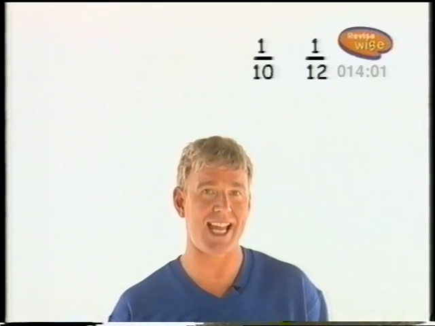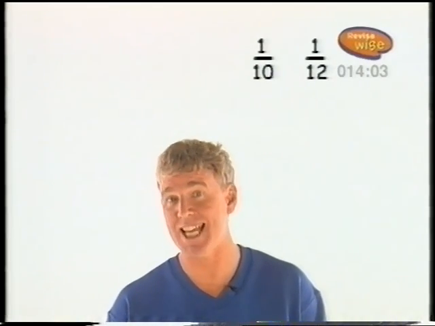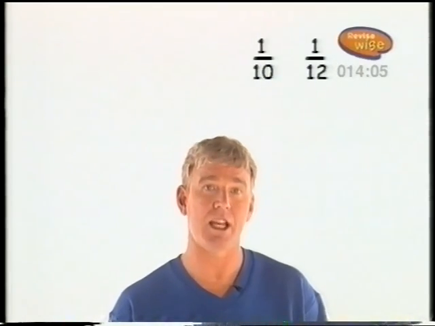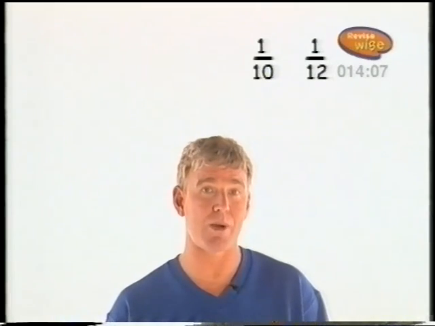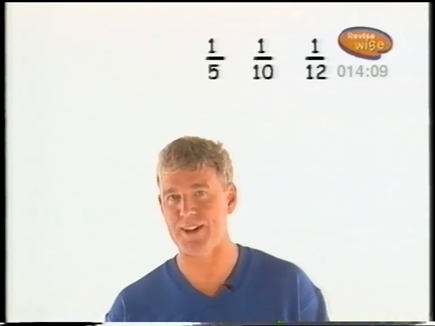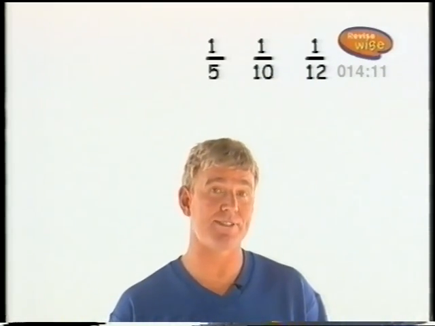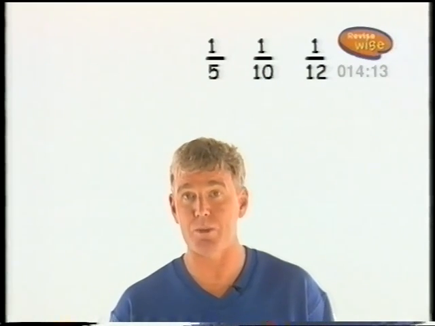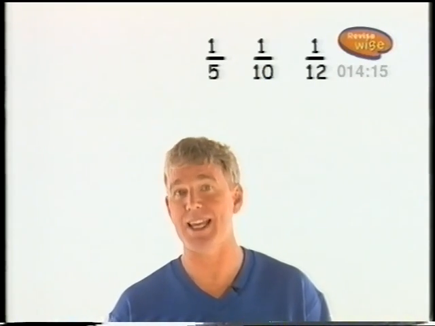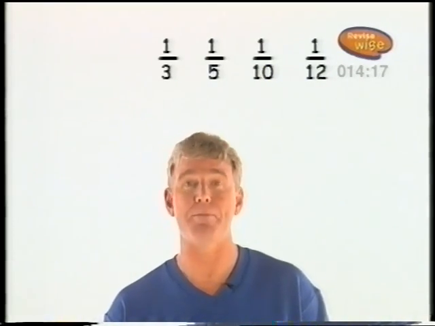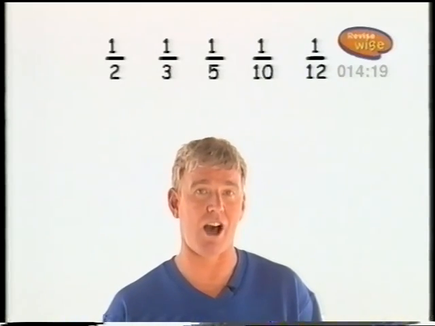Next is 1/10, which means the whole has been cut into 10 pieces, so each piece must be a little bigger than 1/12. Then comes 1/5. Each whole has been cut into 5, so these are bigger than 1/10. After that is 1/3, and the biggest fraction is 1/2.